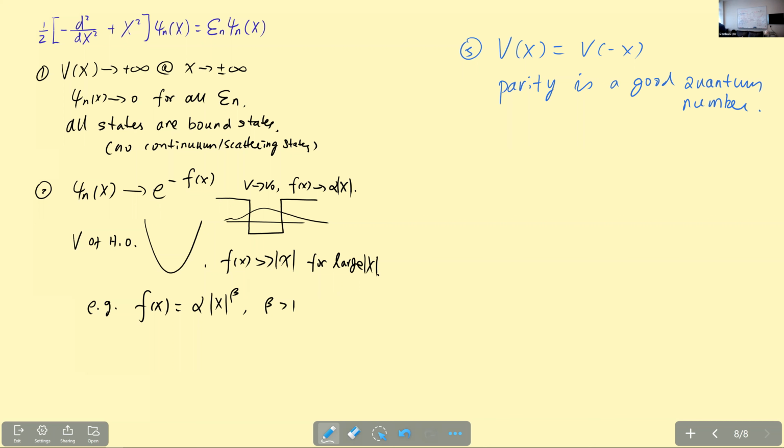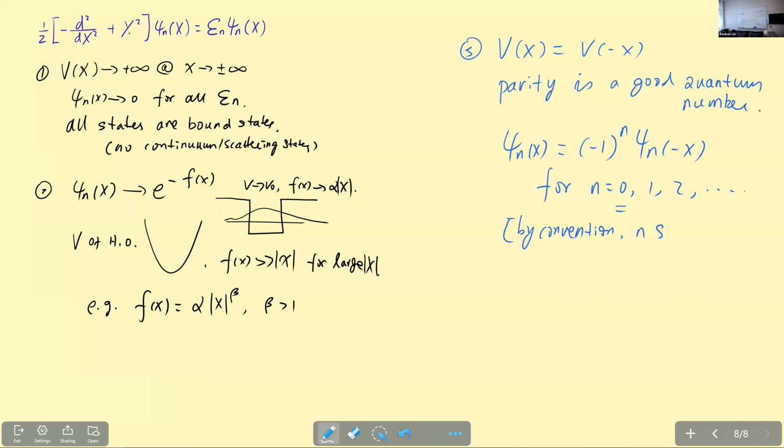So that means ψ_m(x) equals (-1)^m ψ_m(-x) for m equal to 0, 1, 2, and so on and so forth. Right. So now we use the first state as the 0 state, the second as the first state, just for convention. By convention, m starts with 0.